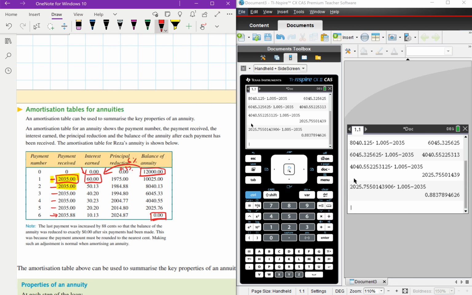And so you can see that the bank will slowly pay back your money, and therefore at the very last moment they had 88 cents left to pay back. That's why they paid the 88 cents towards your last payment. So in 6 months overseas, Reza now has all his $12,000 back fully.